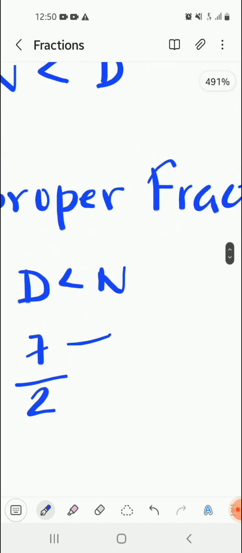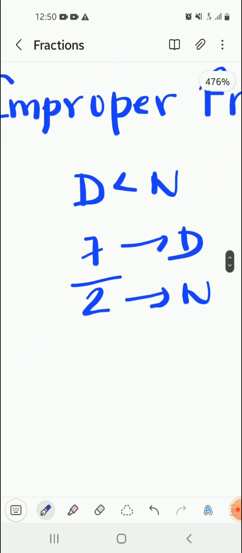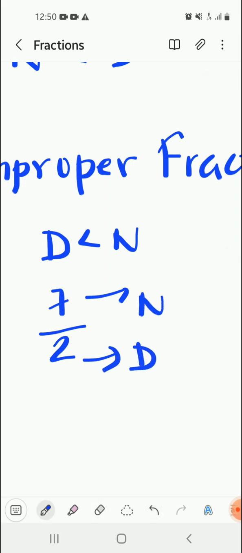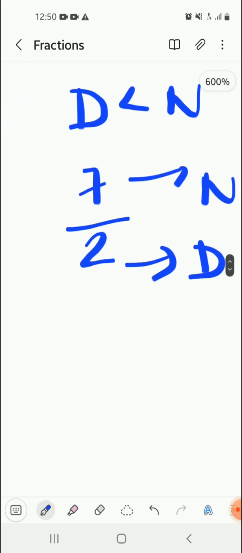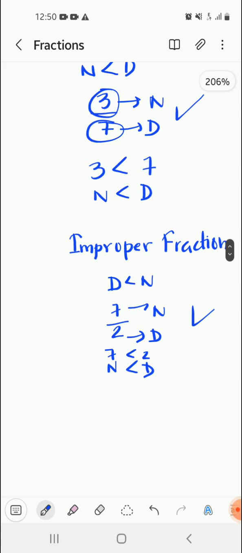Here 7 is the numerator and 2 is the denominator, and you can see the numerator is greater than the denominator because the numerator is 7 and the denominator is 2. So we will call this an improper fraction.